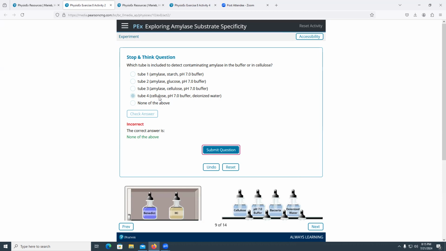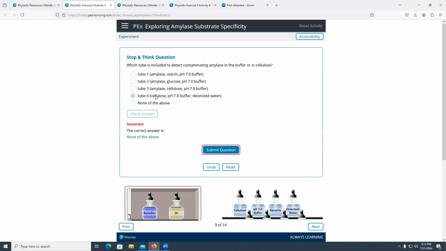So if I have cellulose, pH buffer and deionized water, and I see that there are products, that means there is a little bit of amylase. But amylase does not digest cellulose, so that's not true. I need to have starch here. That's the mistake. We know that amylase will never digest cellulose, so we can never test if there is amylase in the buffer or in cellulose by using cellulose.